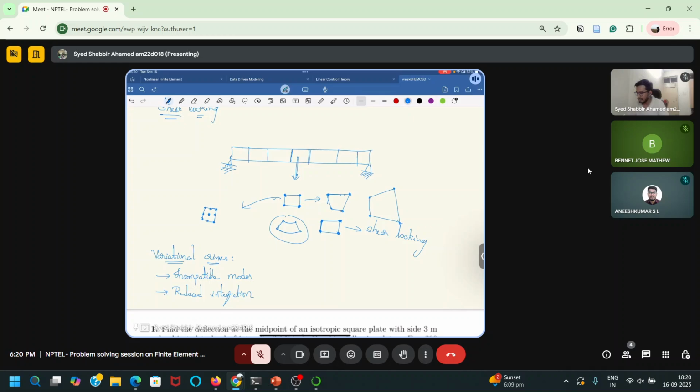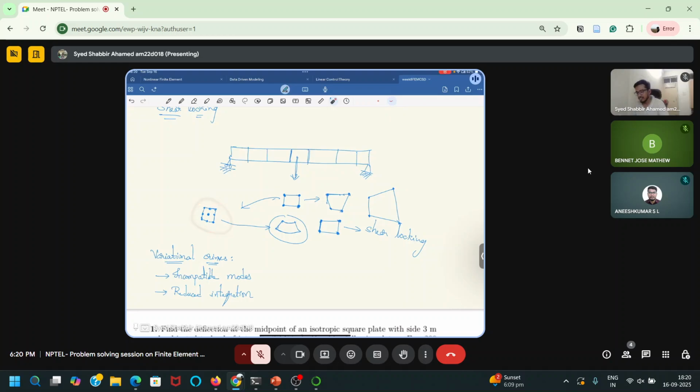So higher order elements will give this kind of curved surface. If you deform this element, this element can be deformed to this shape, but this cannot be deformed to this shape. Four noded quadrilateral cannot be deformed to this shape.